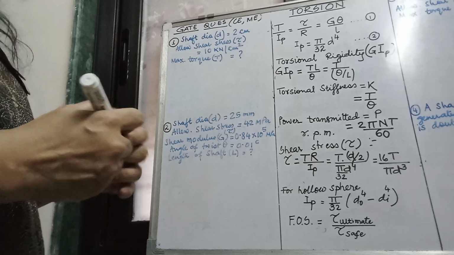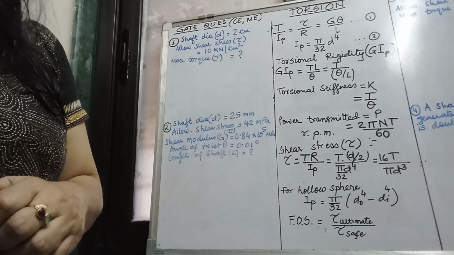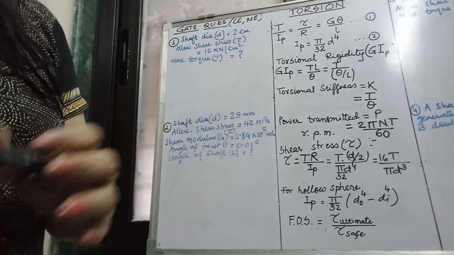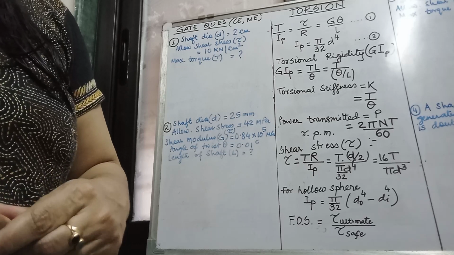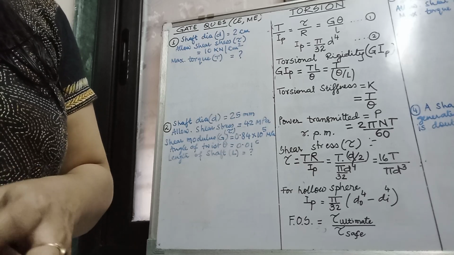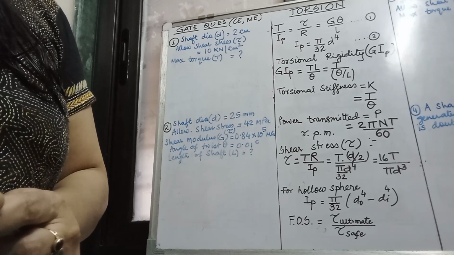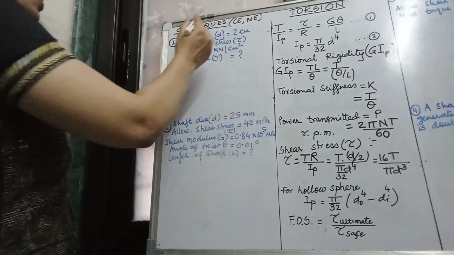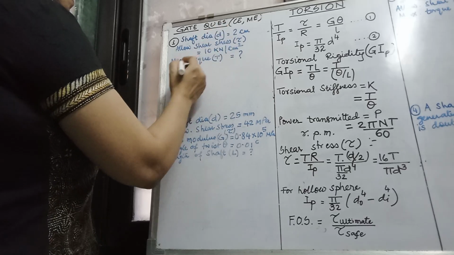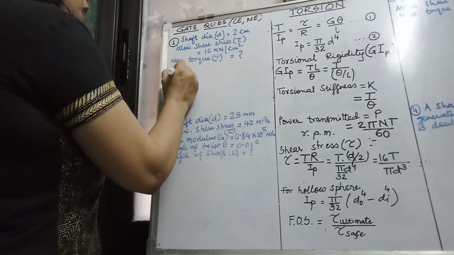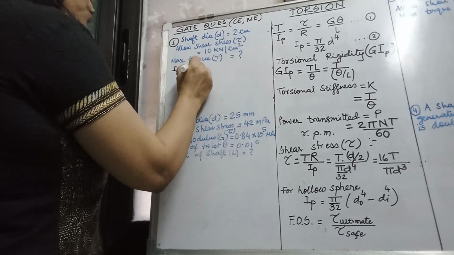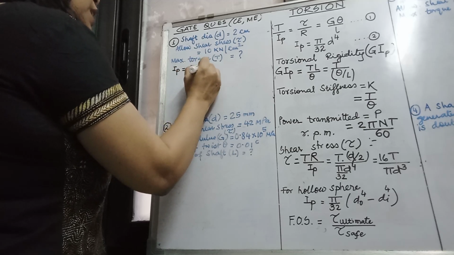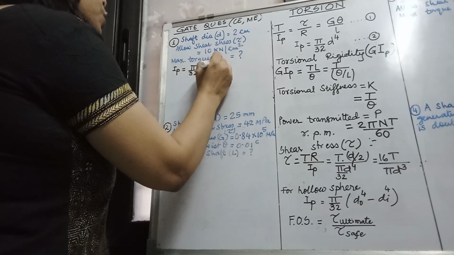So for this question, how will we proceed? Please pause the video, try it, and tell me how we are going to do it. Please put it in your comment box also. Okay, so this is D. Now we know what IP will be. IP will be pi by 32 into 2 raised to 4.